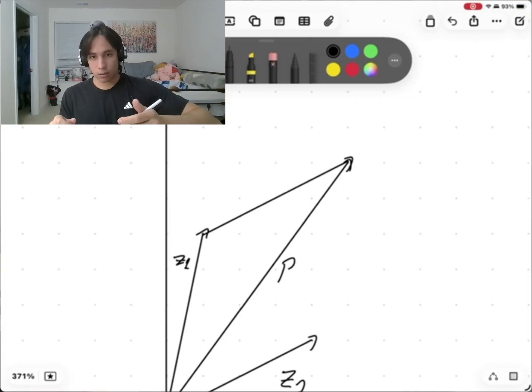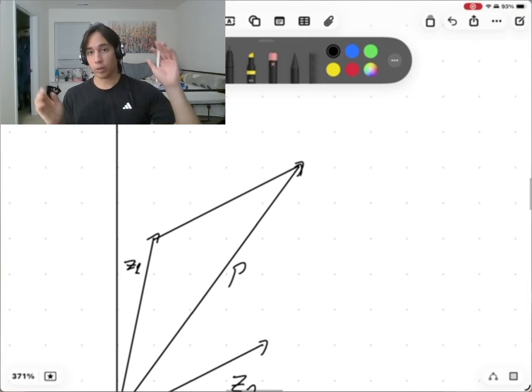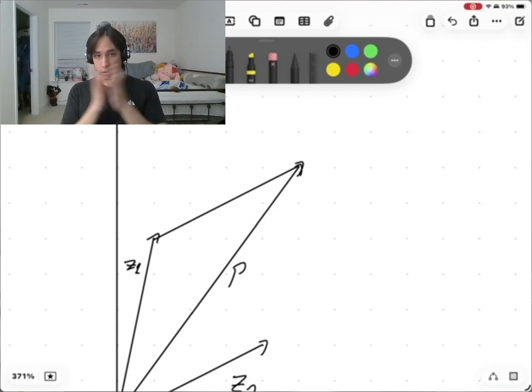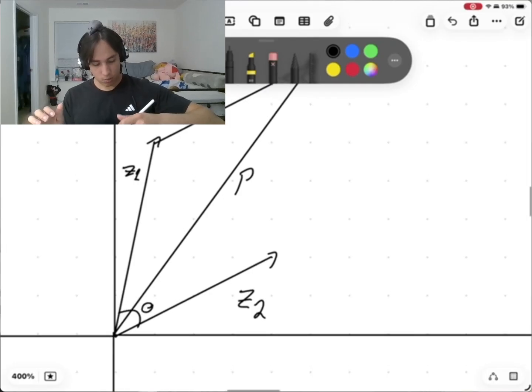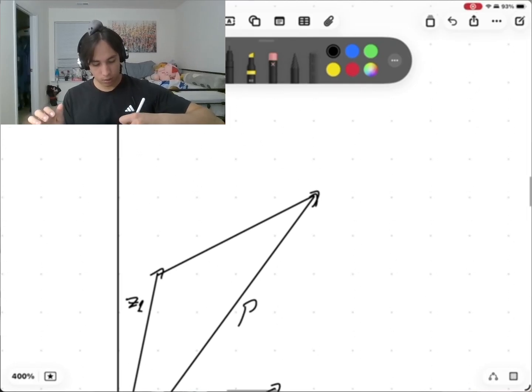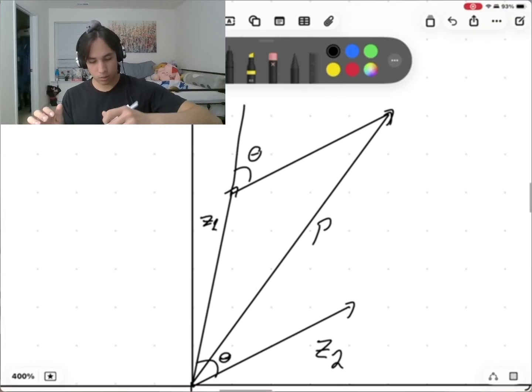Because this can only be true if the angle between z1 and z2 is 0. So basically, they're scalars of each other. Because if you see right here, this angle theta is the same as this angle right here, theta.